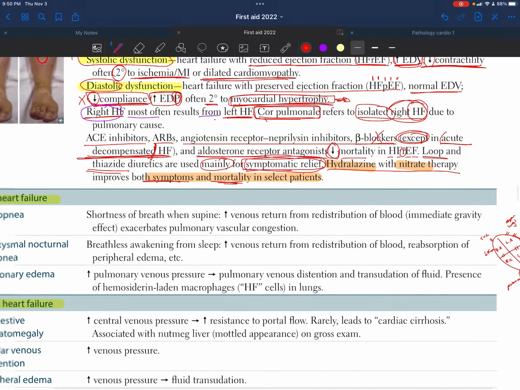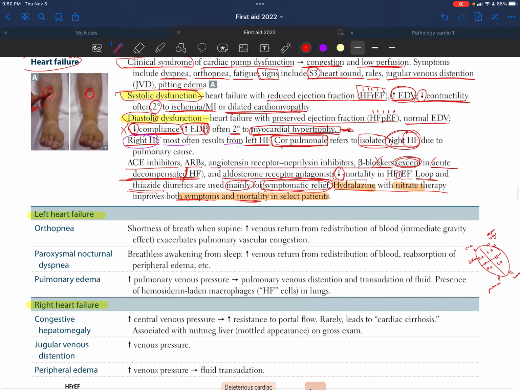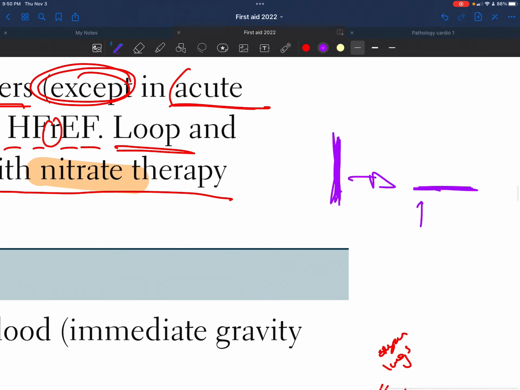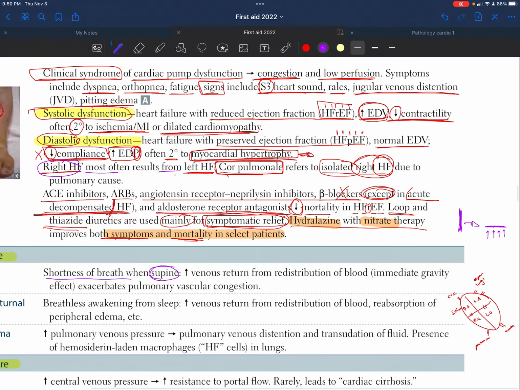So what is happening in left heart failure, patients may feel orthopnea. Orthopnea is shortness of breath when in the supine position. When someone is trying to lie down, like trying to sleep, due to gravity, if the patient is standing and then goes into the supine position, the gravity affects all parts of the body at the same time, and that mainly leads to redistribution of the blood.